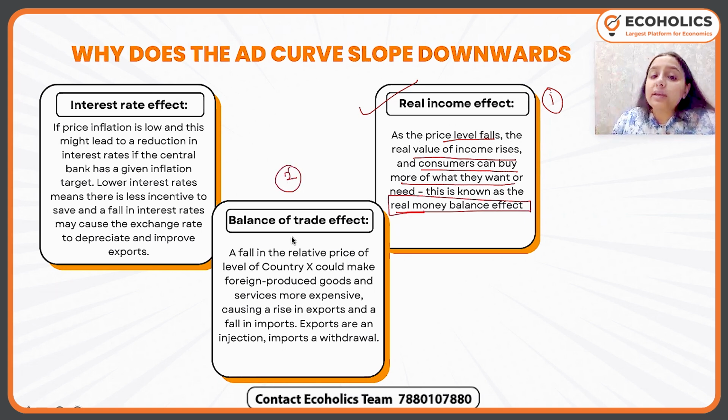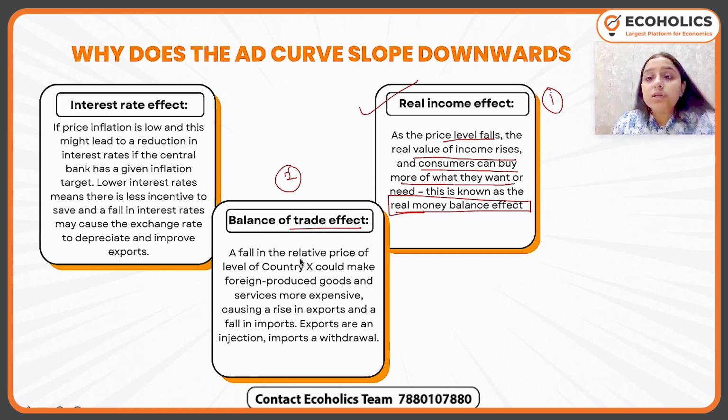The second is the trade effect, because aggregate demand is not just based on your consumption. We need to see the downward effect because of consumption, because of investment, and because of net exports as well. The trade effect defines why the aggregate demand curve is downward sloping.